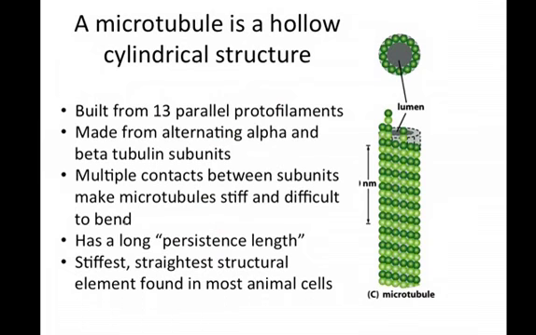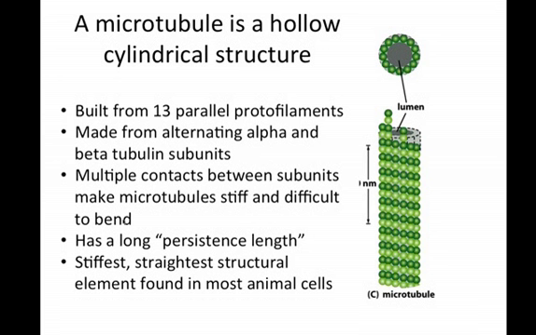They're going to line up and form this tube made from 13 parallel protofilaments made from alternating alpha beta tubulin subunits. You've got multiple contacts between the subunits which make the microtubule stiff and strong and difficult to bend. And they have a long persistence length, which means they can be very long without breaking or bending.